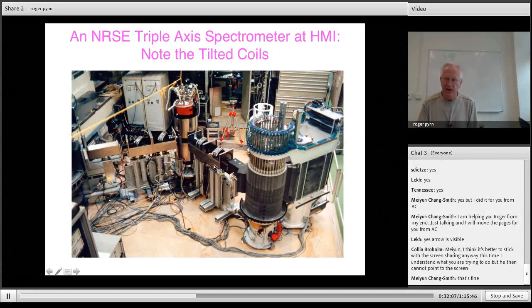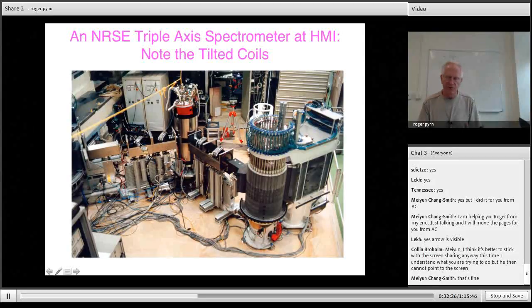This here is a mu metal box with the top taken off, in fact, so that you can see these coils, and normally the top is on so that there's zero field in this region. And you can see that these coils are parallel to each other.